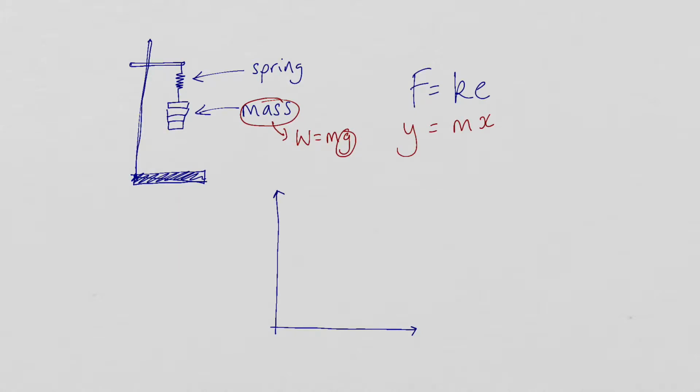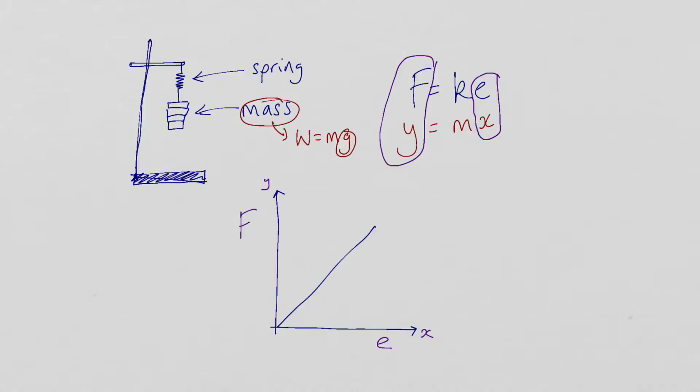So on the y-axis, if we put them equal to each other, we can put force. Plotted on the x-axis, we can plot extension. And then as we add our mass or add our force, the spring gets longer and our results look something like a straight line.